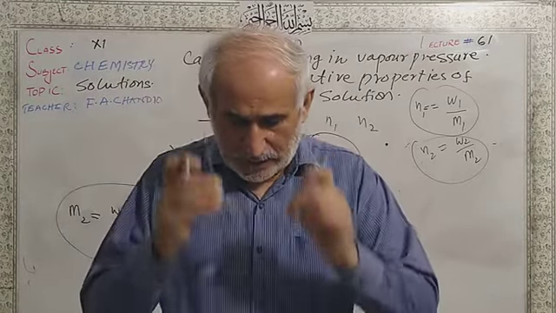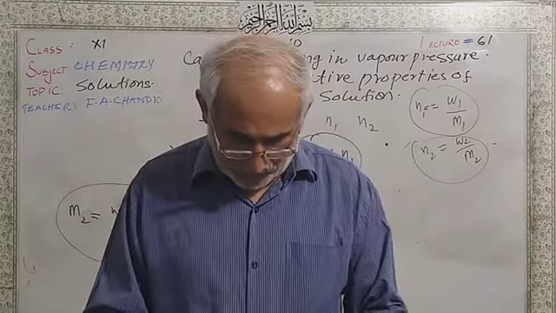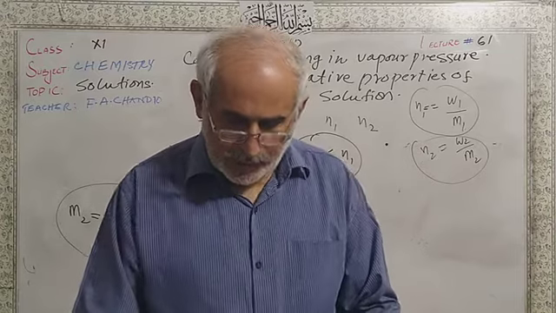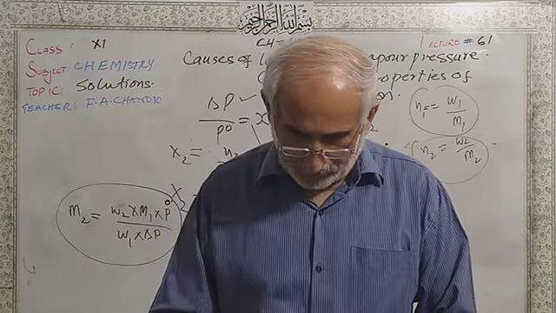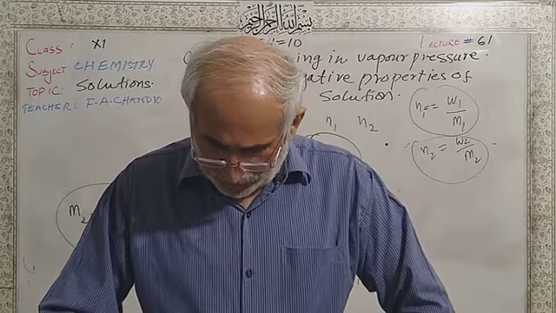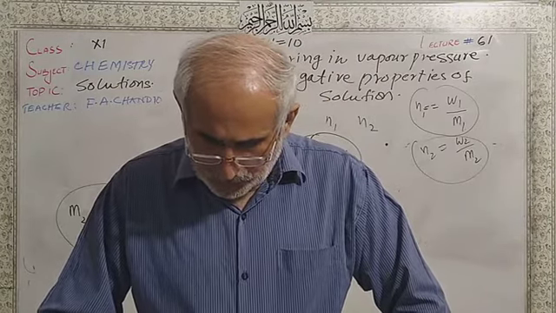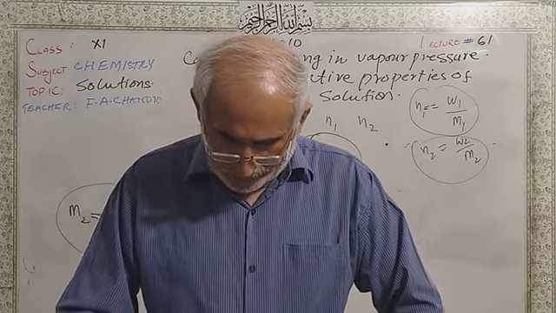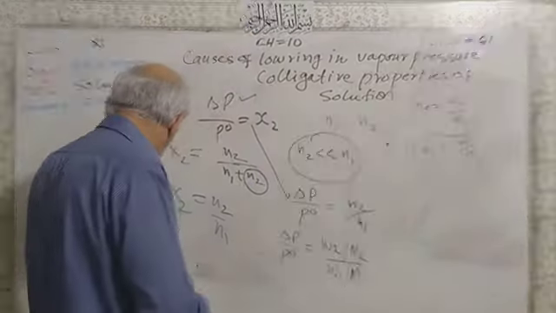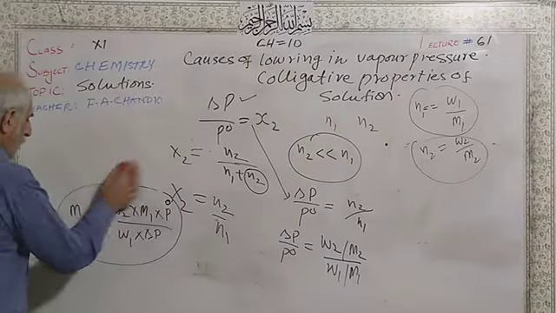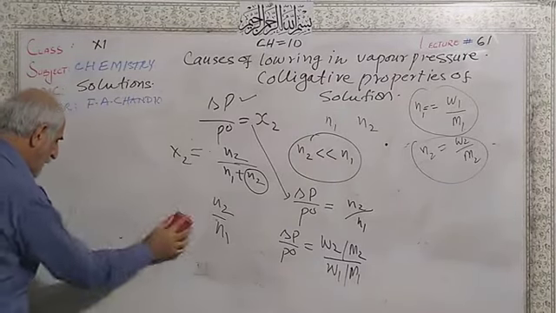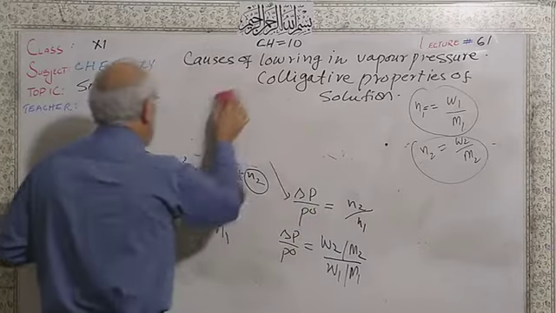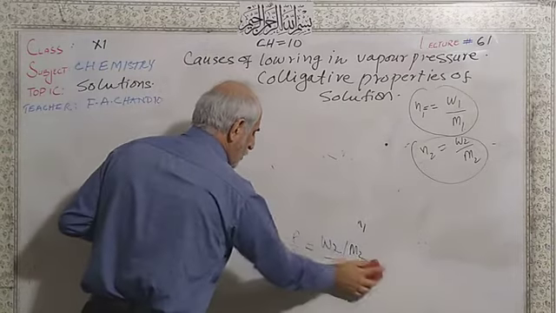So here is the explanation of the causes of boiling point elevation and freezing point depression. There is one very important point: the boiling point elevation and the depression of the freezing point depend upon the number of particles present in a solution.